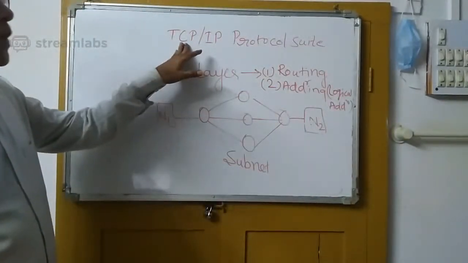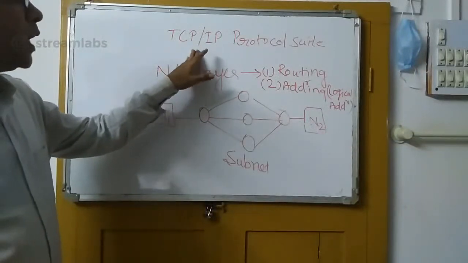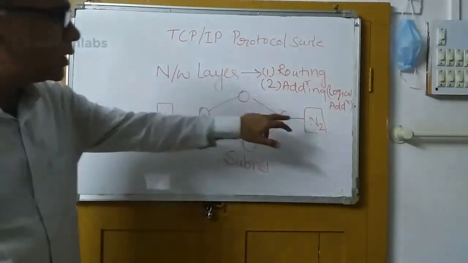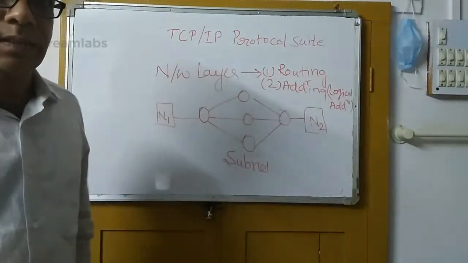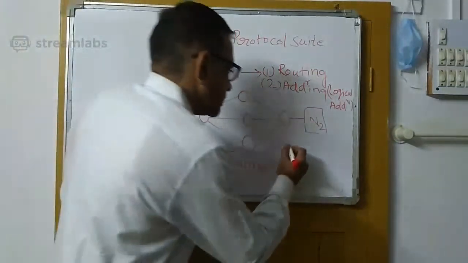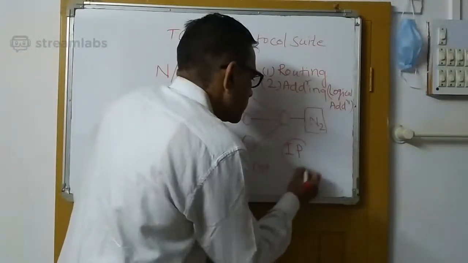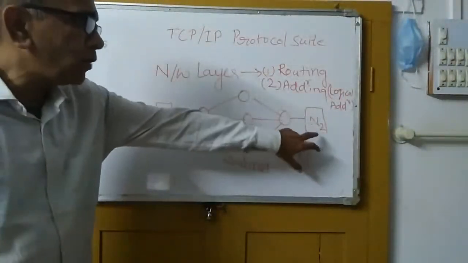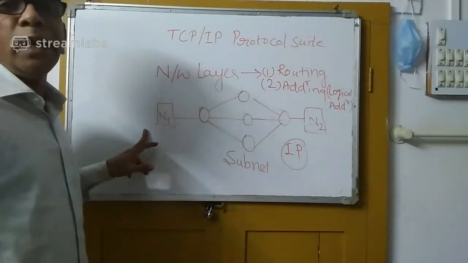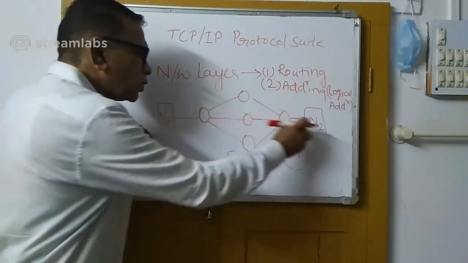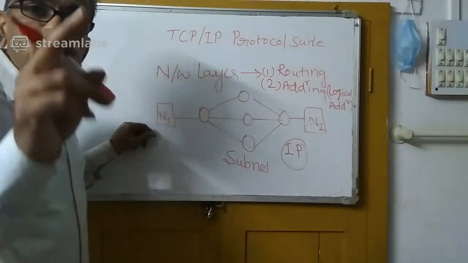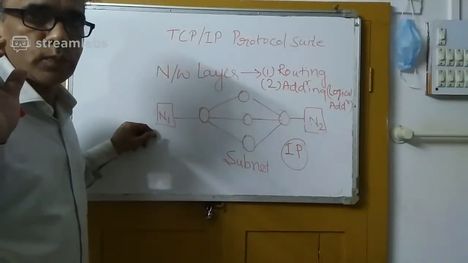If I talk specifically about the TCP/IP protocol suite, these addresses are called IP addresses. These IP addresses are meant for identification of the end devices. Whenever N1 wants to reach N2, it should know the IP address of N2.